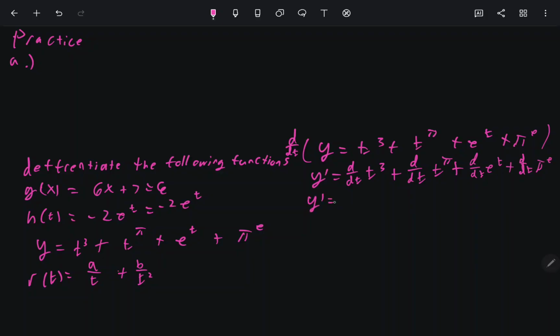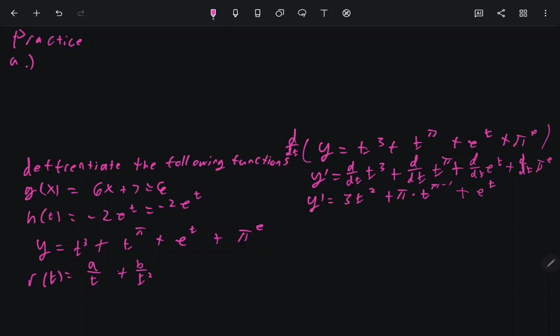Well, in this case, y prime then, the derivative of t cubed is 3t squared. Alright, plus the derivative of t to the power of pi. Well, the derivative of that's going to be pi times t to the power of pi minus 1. What is the derivative of e to the power of t with respect to t? That's just e to the t.